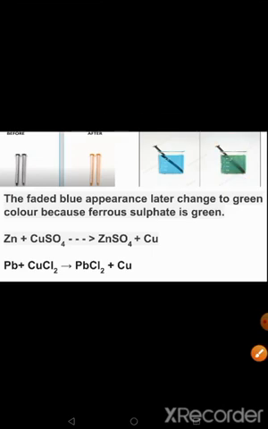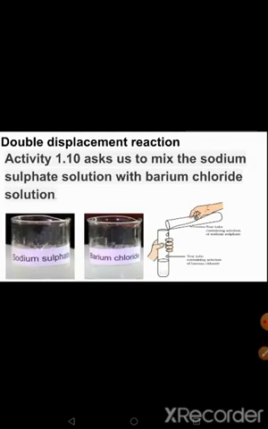So let's move on. Now let's learn about double displacement reaction. So let's discuss the activity given in your textbook in page number 11, activity number 1.10. In that it is said that you have to mix sodium sulfate solution and barium chloride solution.